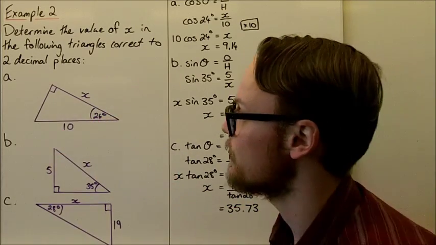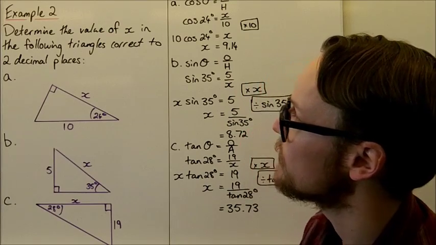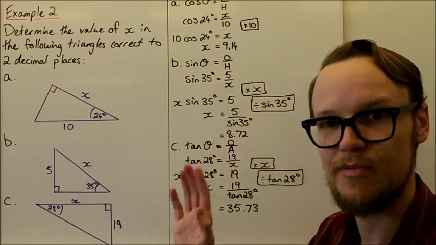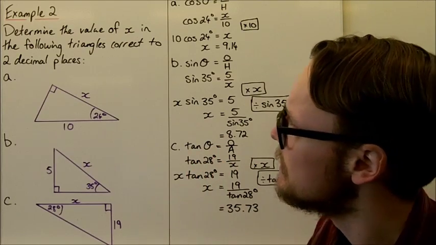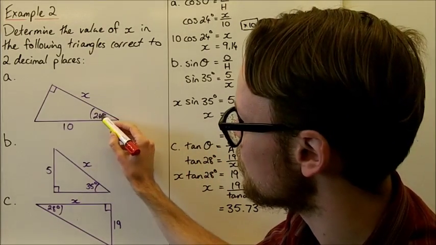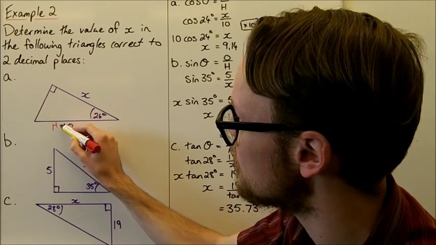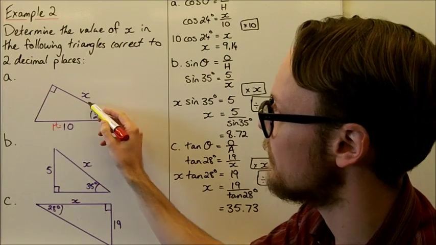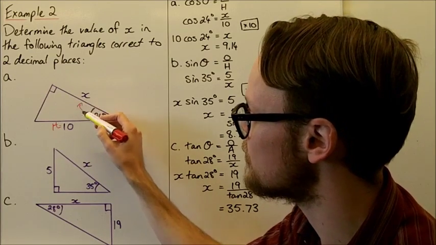So if we have a look at our first triangle, we're being asked to determine the value of x in these triangles correct to 2 decimal places. Our hypotenuse is 10, because that's the side opposite our right angle, and our value x is the adjacent side.